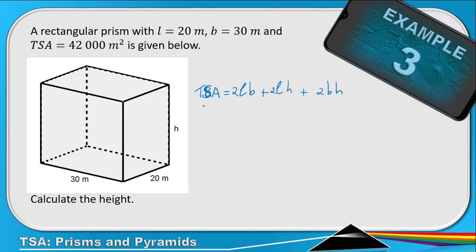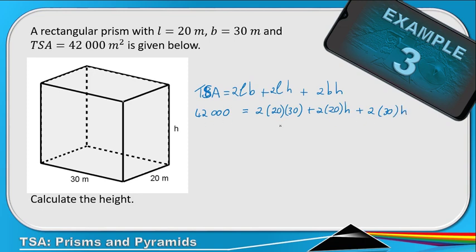We know what the total surface area is, we know length and breadth, but we don't know height. So substituting in, we have 42,000 equal to 2 times the length 20 and the breadth 30, plus 2, length 20 and height unknown, plus 2, breadth 30, height unknown.